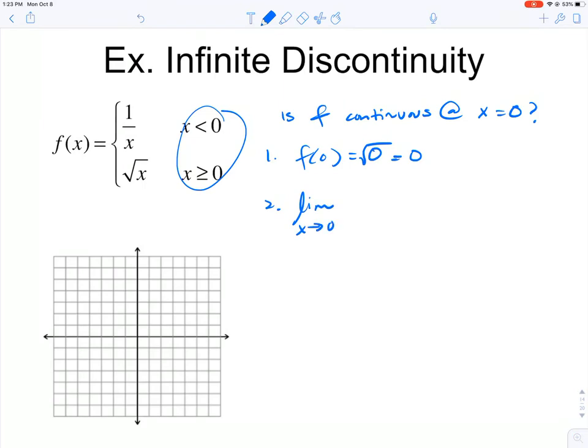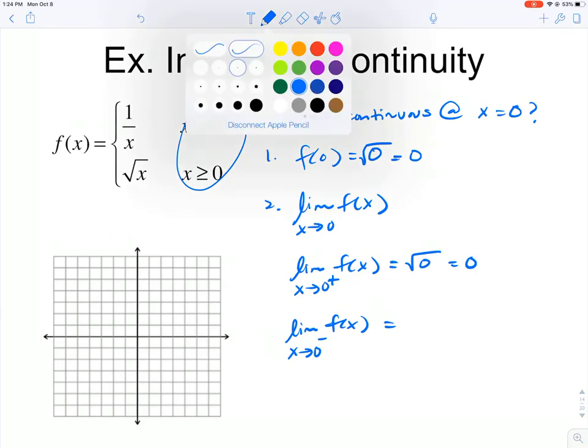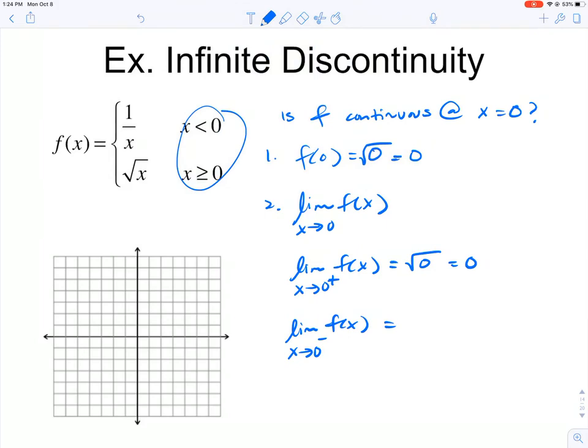The limit as x approaches 0, take the one-sided. Okay, so from the left, actually let's do from the right first. So the limit as x approaches 0 from the right would be 0. But the limit as x approaches 0 from the left, we would get 1/0 with direct substitution, which tells us there's some sort of vertical asymptote there.